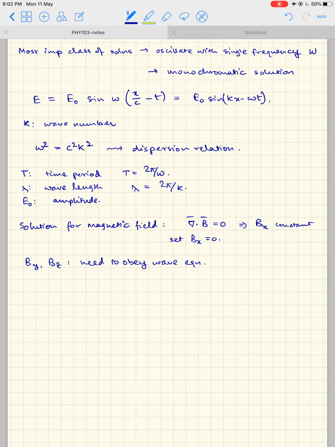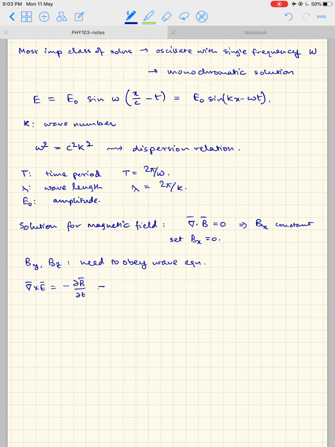But also you must remember that their behavior is going to be dictated by the electric field through Maxwell's equations. So del cross E is equal to minus del B over del t needs to hold.